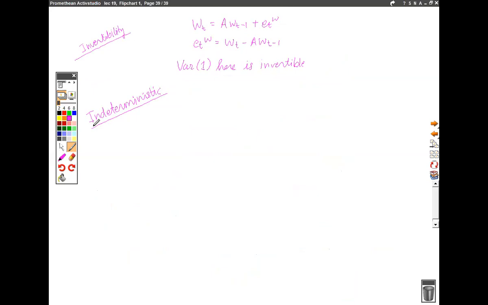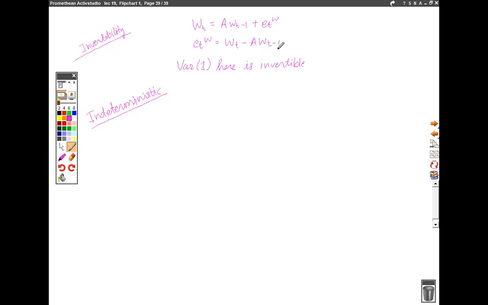If I know something has happened today, then I can know for sure what exactly is the value that my random variable will take tomorrow. But as long as we have these error terms here, we can never know for sure, because this is the random fluctuation that we have within our model, which if it were not present, then we would say that my WT is equal to AWT minus 1.